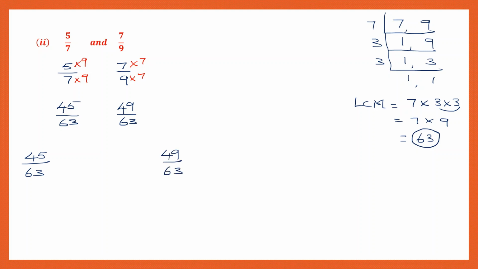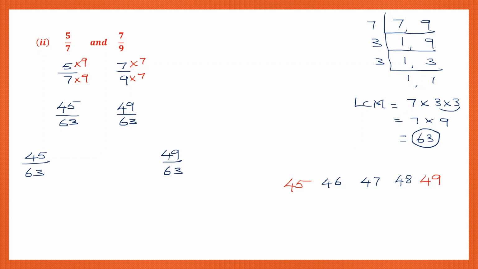Since the denominators are the same, we just have to look at the numerators now. So we have 45 and we have 49. Let's write all the numbers that come between them. Now these are positive numbers, so it's easy for us to write 45, 46, 47, 48. So we have these three numbers.